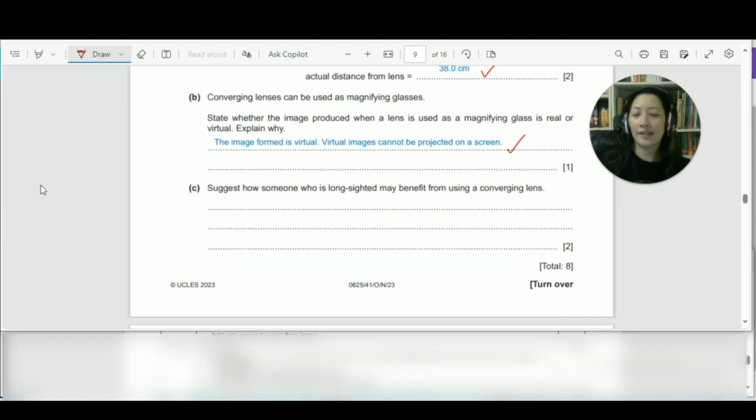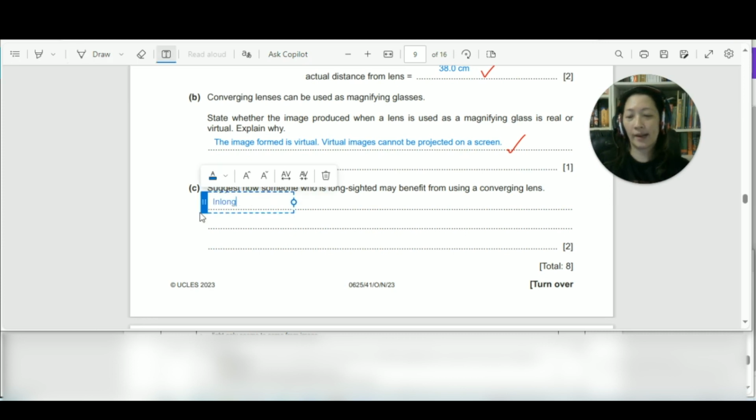Question C. Suggest how someone who is long-sighted may benefit from using a converging lens. So this is a 2-mark question, which requires you to be able to explain a little bit about how long-sightedness is corrected using a converging lens. So in my answer, I'm going to write the first one, where I explain a little bit more about long-sightedness.